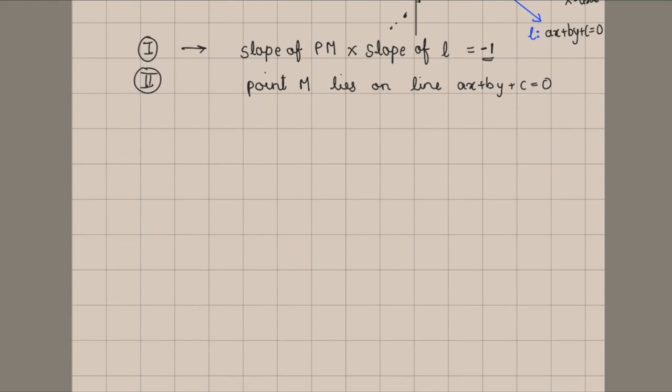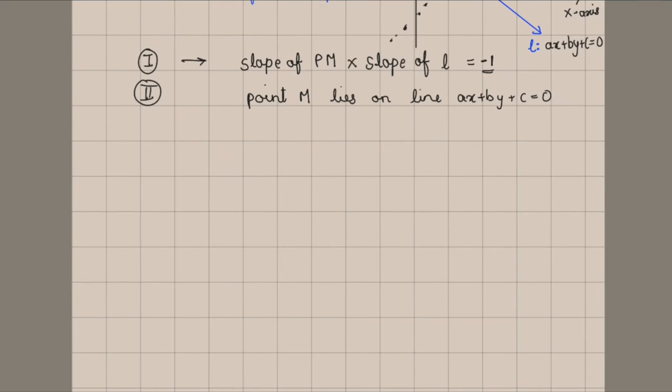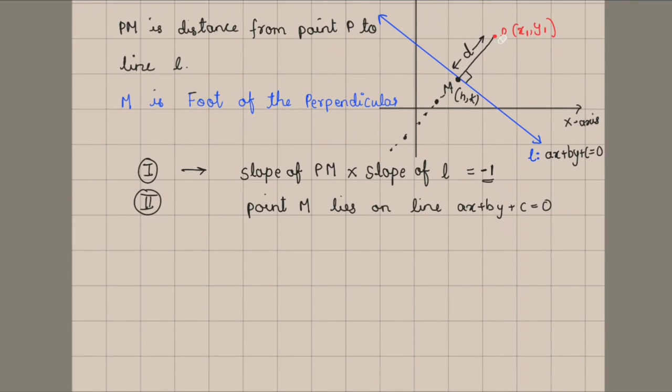See, for the first condition, what is the slope of PM? We know two points, P (x1, y1) and the point (h, k). If we know two points, we get the slope, which is (y2 minus y1) by (x2 minus x1).